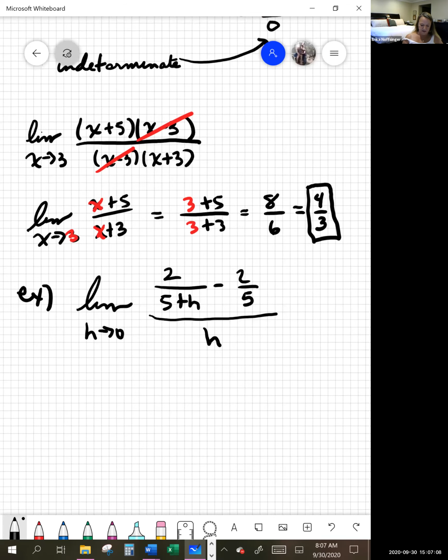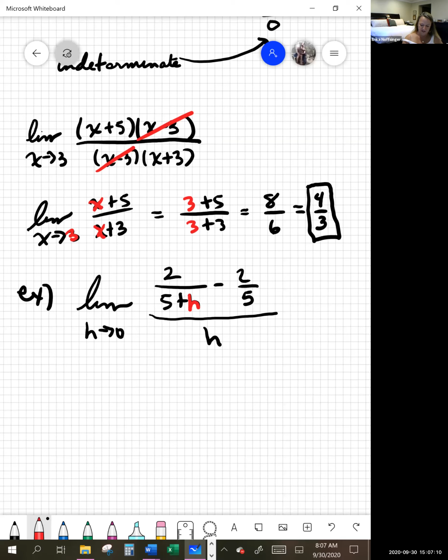So again, always start by going in and substituting. But again, when we substitute this in, we get 2/5 minus 2/5 all over 0, and we get 0 over 0 again. So we need to go back and manipulate.